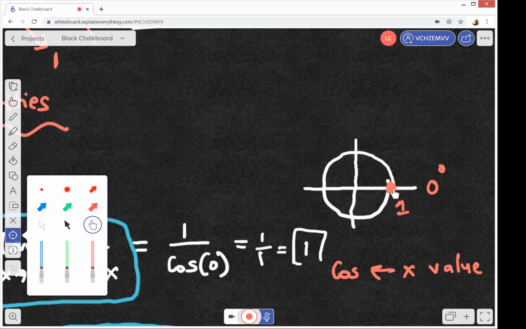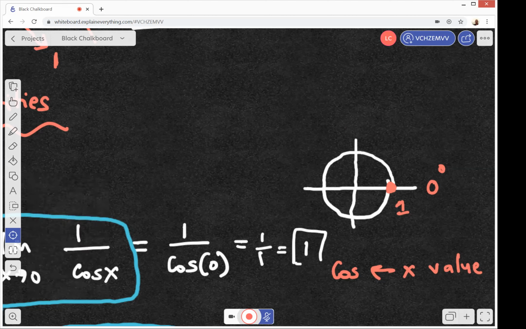So what's the y value when you have 0 degrees? And that's 0. We're not going up. We're not going down. We're right there at 0, at the origin. That's the y value. So let's go back. So that's what that does.